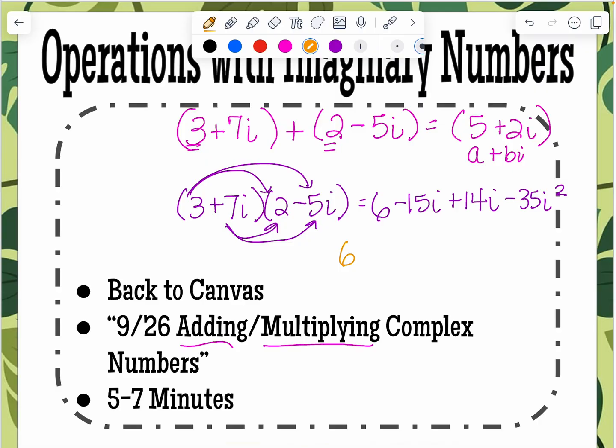I've got 6 minus i. And then this negative 35i squared, well, negative 35 times negative 1, remember i squared is the same as negative 1, is going to give me a positive 35. Not quite done until I combine this 6 with this 35. So 35 plus 6 is 41 minus i. So that's our final solution. So again, practice the multiplying more than the addition, or you can do them all.